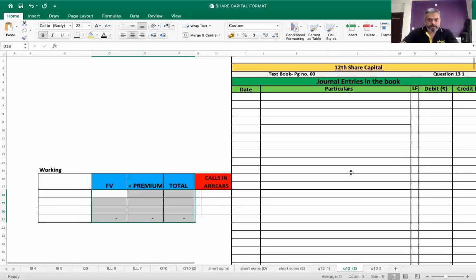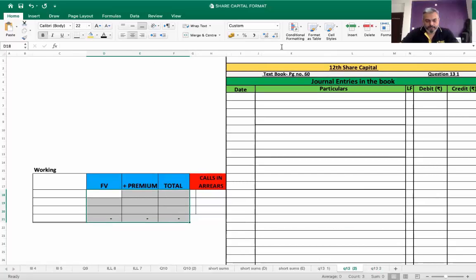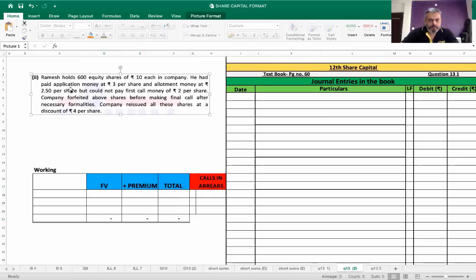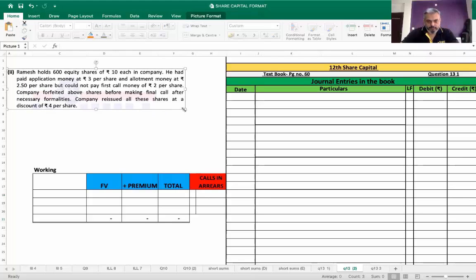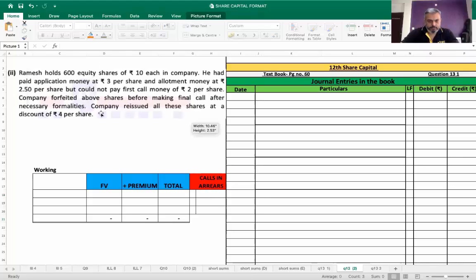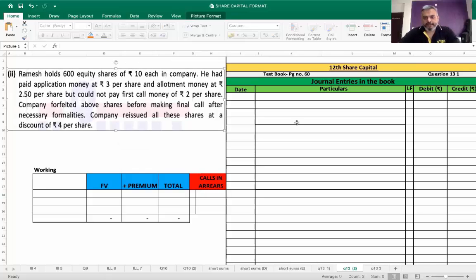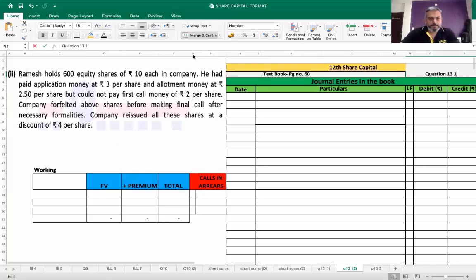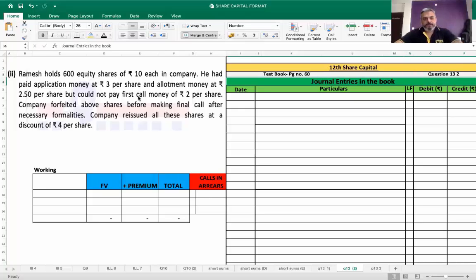Now second one में Ramesh holds 600 equity shares of ₹10 each in a company.